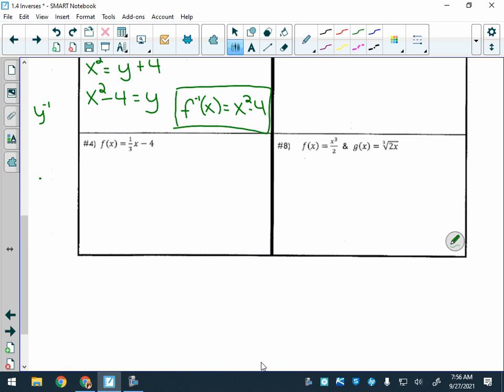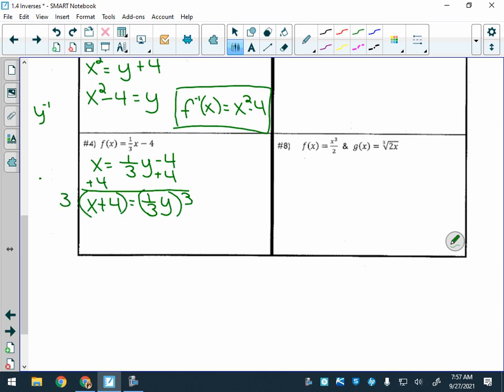Okay, so number 4, we're going to switch x and y. Okay, what would be our next step after we switch x and y? Emily. Add 4. Okay, now what? Yeah, Everett. Multiply both sides by 3. Good.